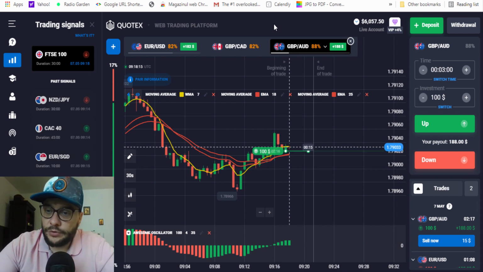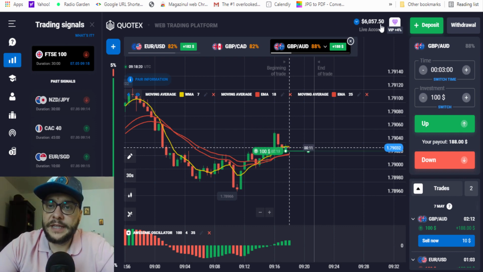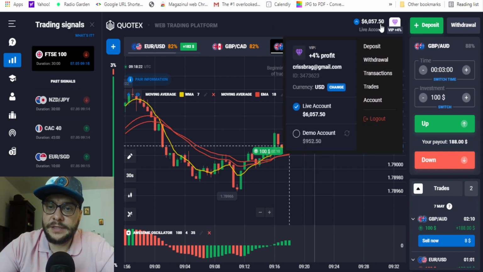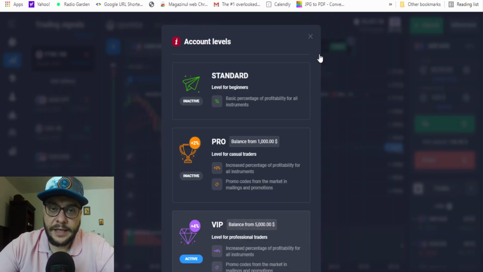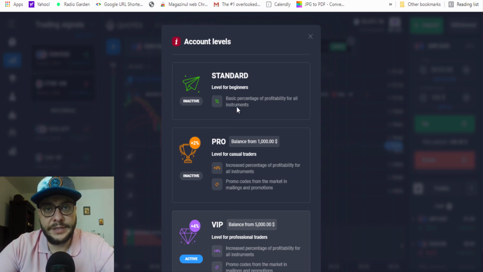Another thing that I want to explain to you is that there are 3 types of account, as you can see here in my live account. I have a VIP account, which means I have more than $5,000 in my account. They have 3 account levels: standard, pro, and VIP. Standard is from $0 to $1,000.